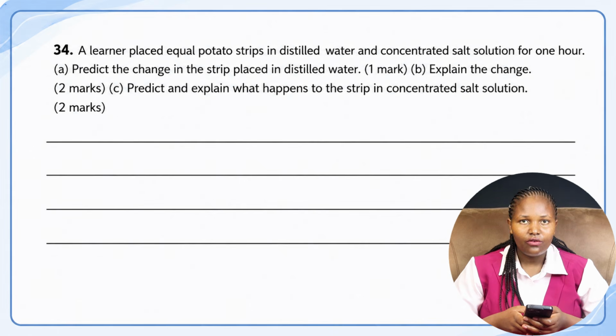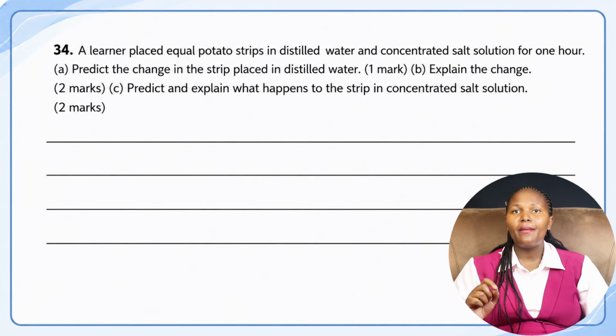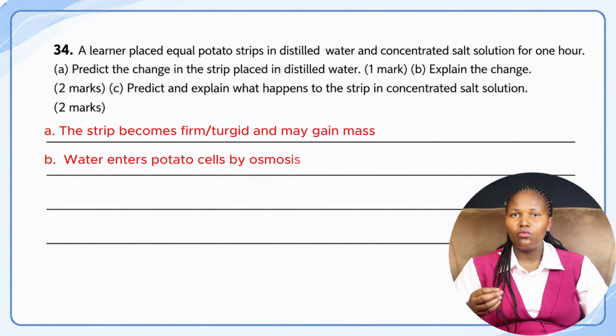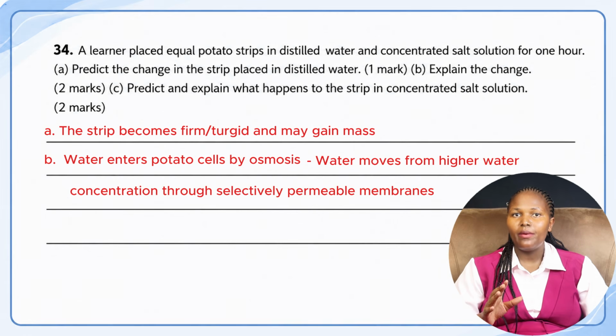For this question, you are supposed to understand that the strip is going to become firm or turgid and it may gain mass. Why? Because water enters the potato cells by osmosis. This means that water will move from higher water concentration through a selectively permeable membrane.